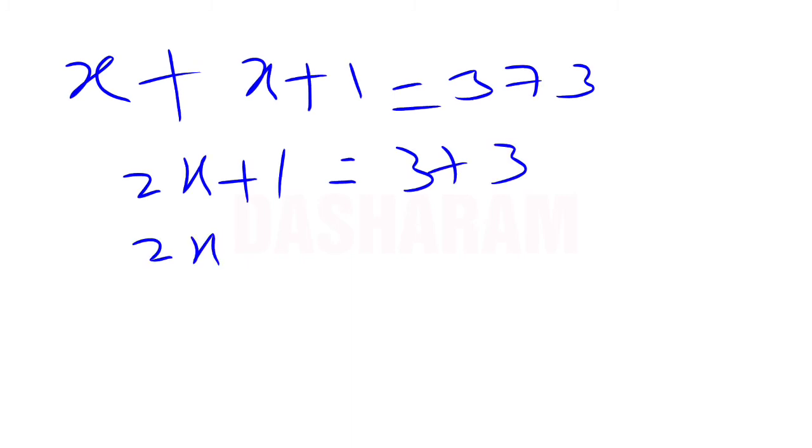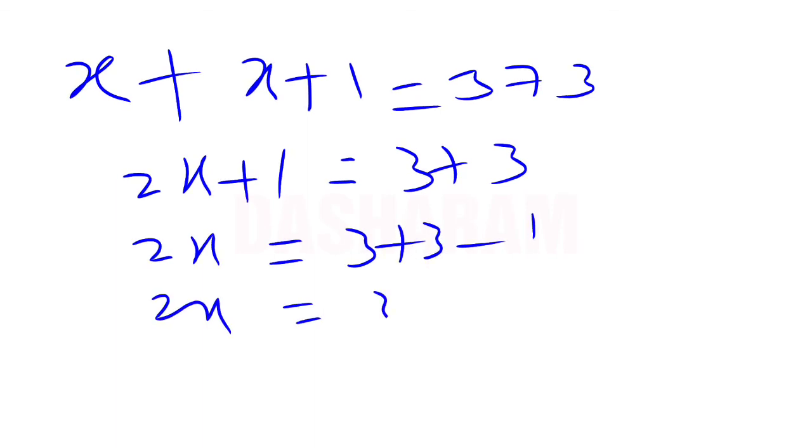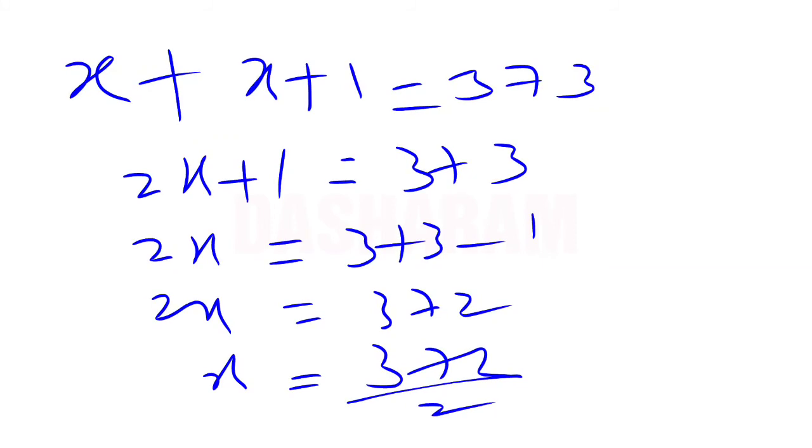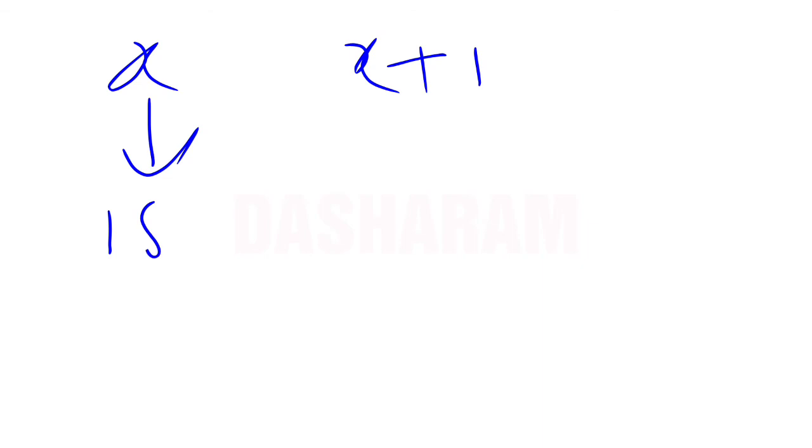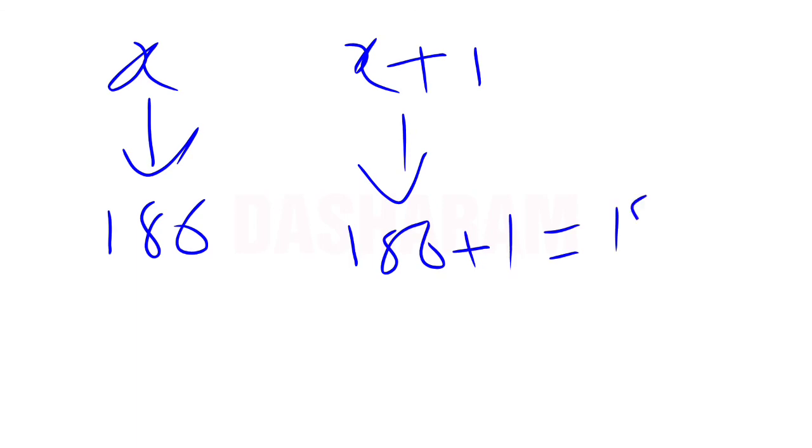So 2x equals 373 minus 1, so 2x equals 372. x equals 372 divided by 2. 2 ones are 2, remainder 1, 2 eights are 16, remainder 1, 2 sixes are 12. So the x value is 186. Then the open pages are: the first one is 186 and the second one is 186 plus 1, which equals 187.